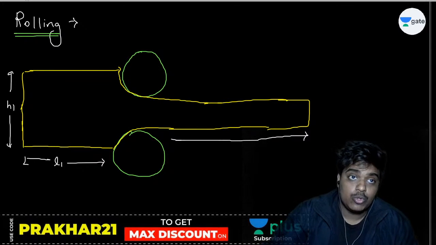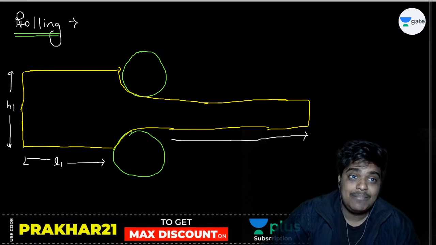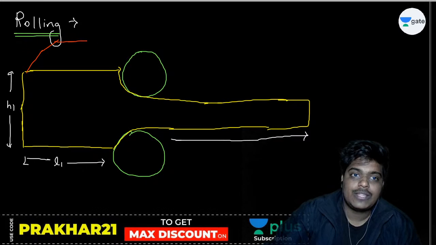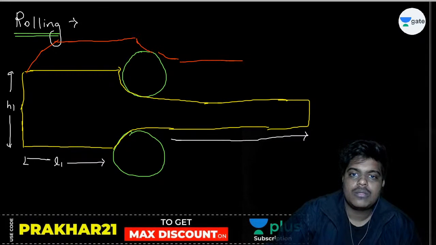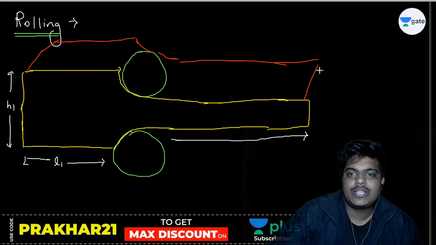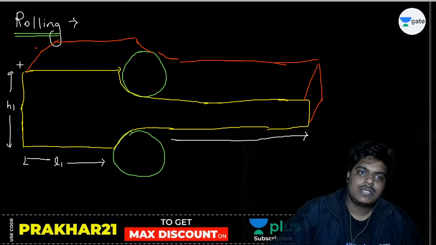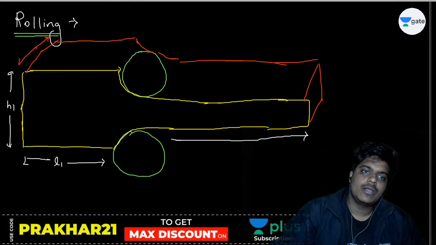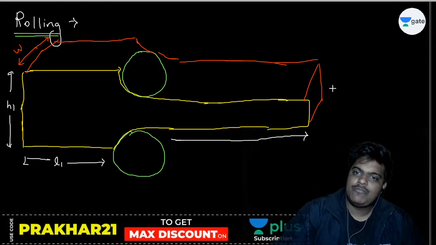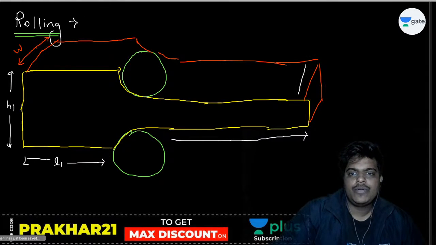Why? देखो दोनों डायरेक्शन में होगा, but I am assuming that this width remains constant. Whatever is the width at the beginning, suppose this width is W here, the same width will be W here only. यहां पर भी जो width होगी ना वो W ही होगी. Is it clear?